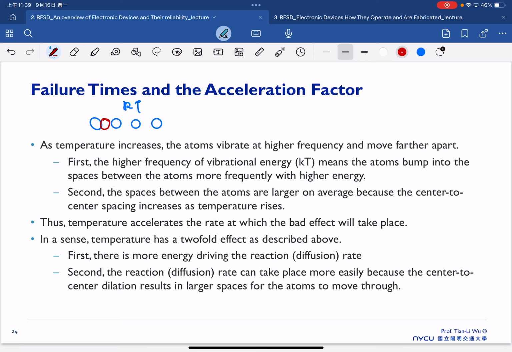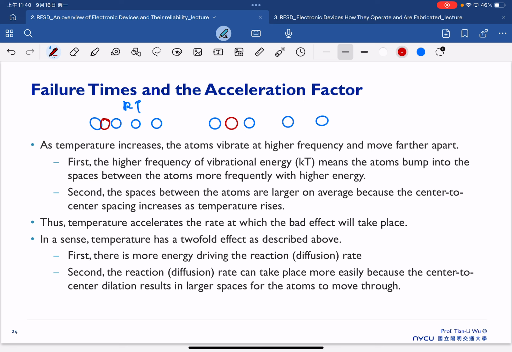One is at the high temperature, and again we still have the atoms here. So first, at a high temperature, of course, there will be higher vibration energy.